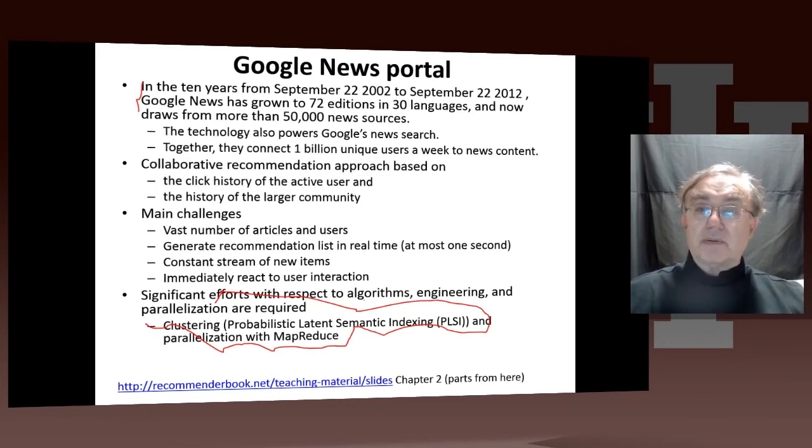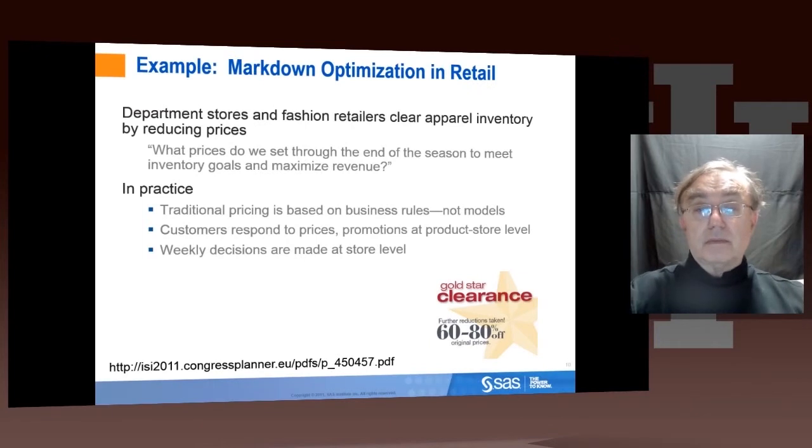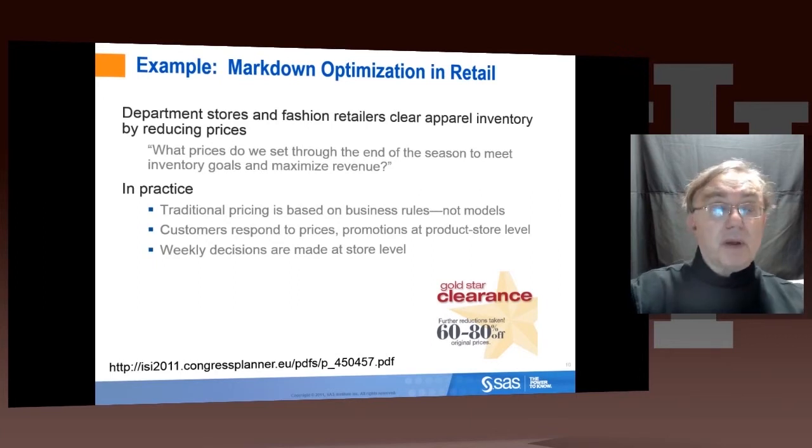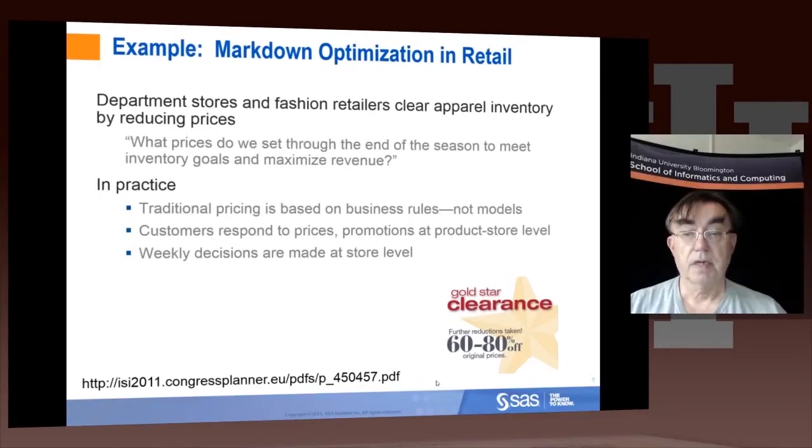And now after this, we'll go on to discuss bricks and mortar and how to decide to mark down, or I guess in principle mark up, how to price items in a retail store. Another example here from another talk given by SAS is optimizing pricing in retail.